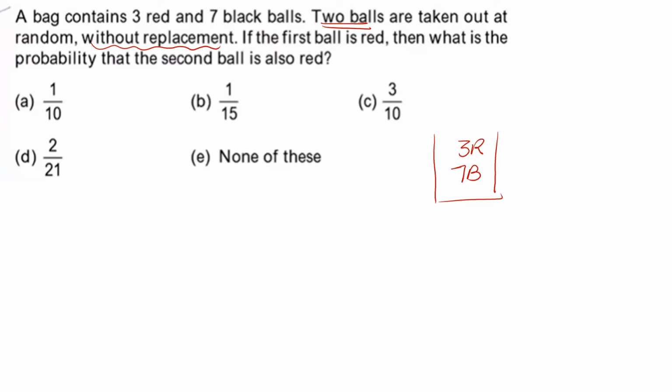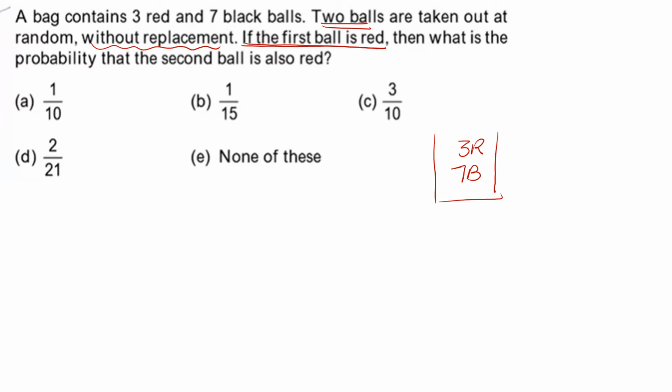If the first ball is red, let's see how we can write this part, using the combination or without using the combination, it's up to you. I write with the combination because it helps me in solving other questions also. If I understand the combination problem here, later on I won't make mistakes in applying the combination formulas.